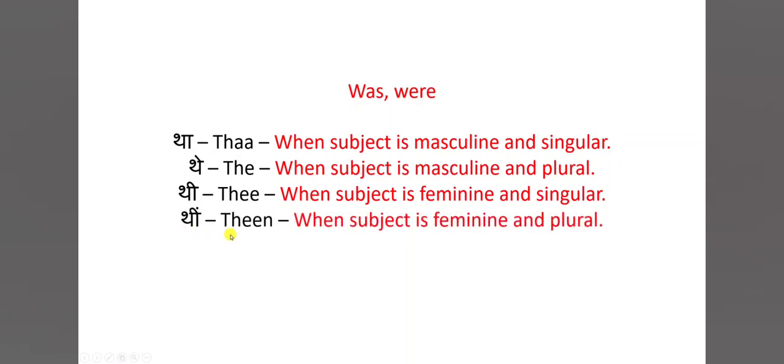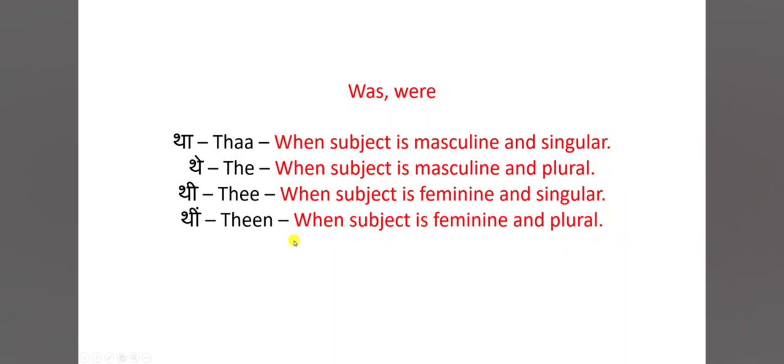Thi is used when the subject is feminine and plural. Here the N must be pronounced with the help of the nose. Okay? Now we have to select any one of these depending on these conditions.